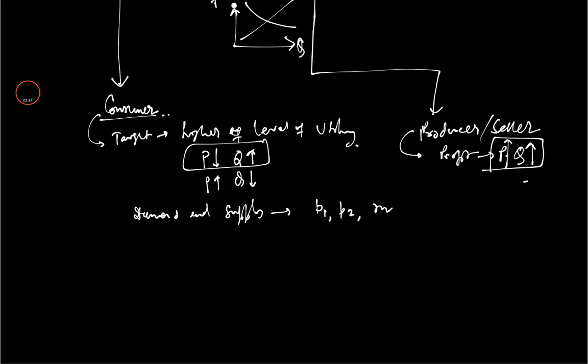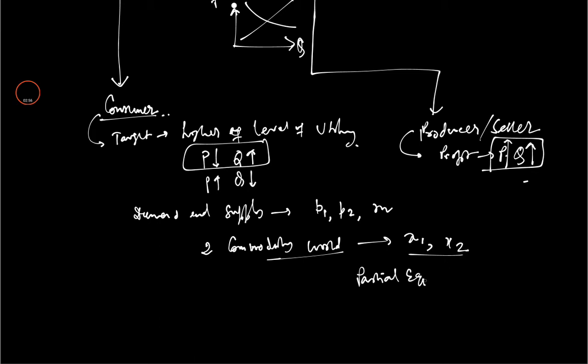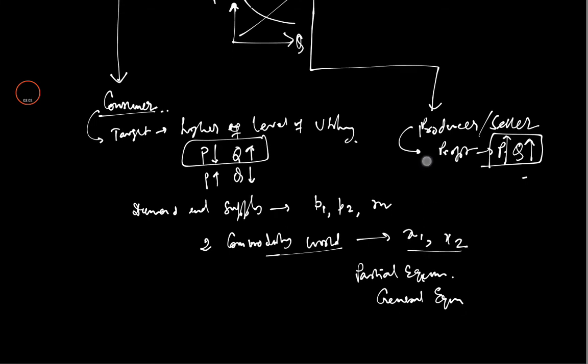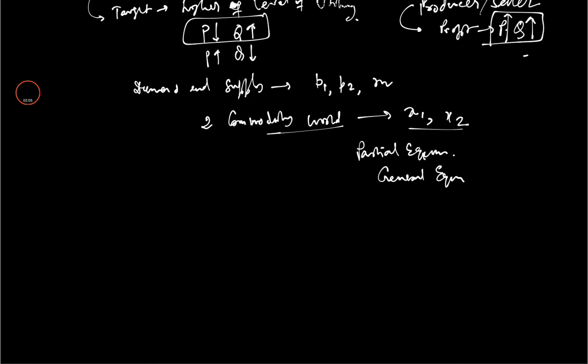So here in general we will be taking a two commodity world. That means people are buying only two products, X1 and X2. It's for simplicity. It is called a partial equilibrium structure. There is also another equilibrium called general equilibrium, which is a real life equilibrium. We will talk about it later. I'm just giving a hint on that.